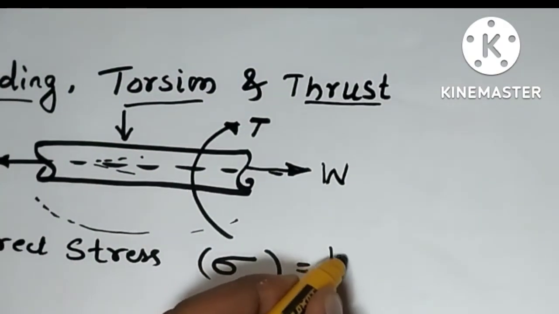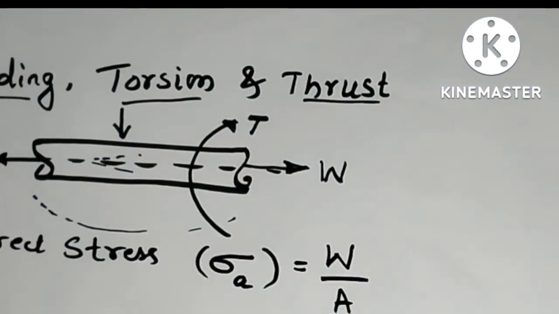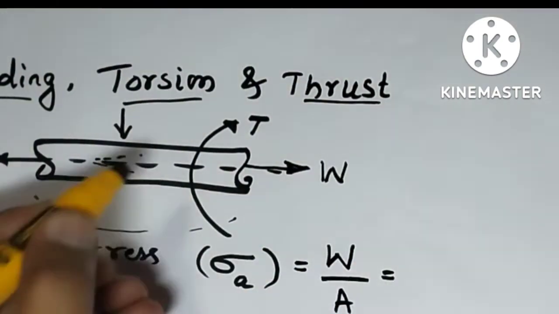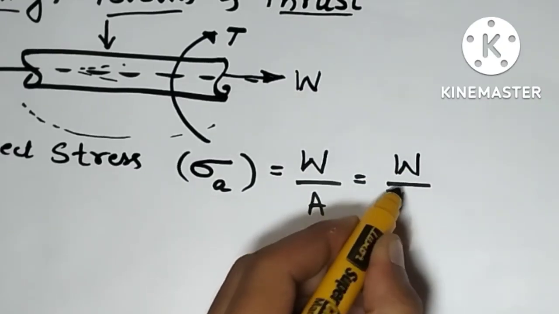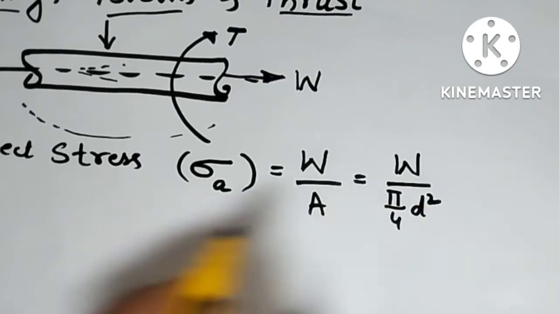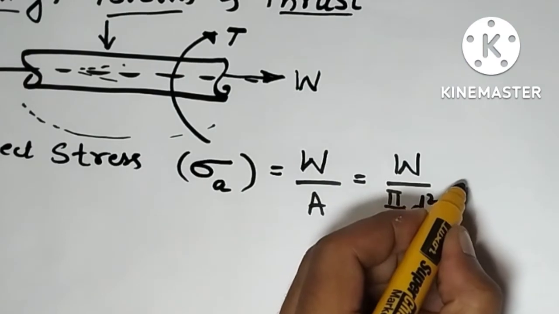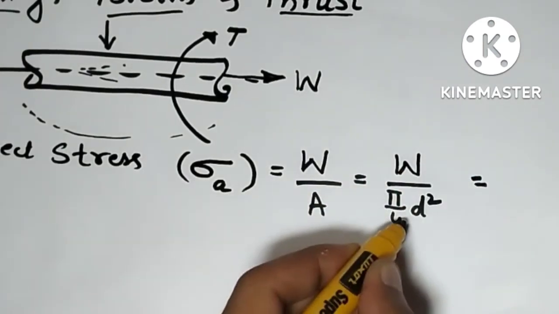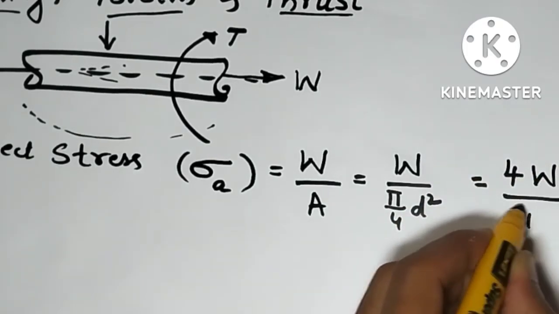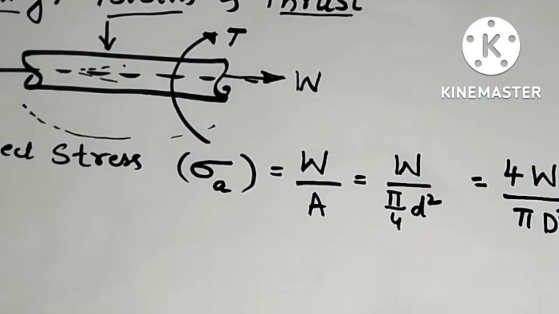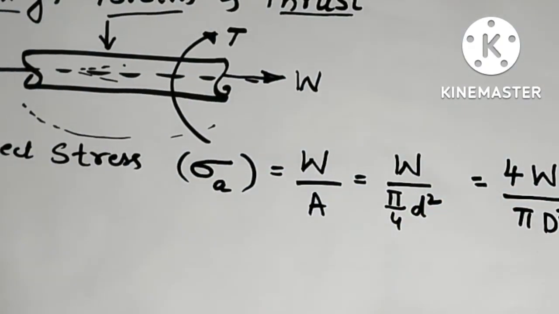The load is applied as W and area we will write as A. Now for a circular shaft, the area is pi by 4 d square. So the same equation can be written as sigma A is equal to 4W by pi d square.